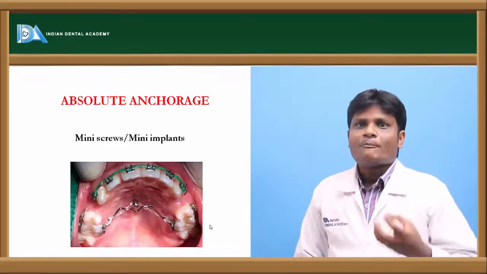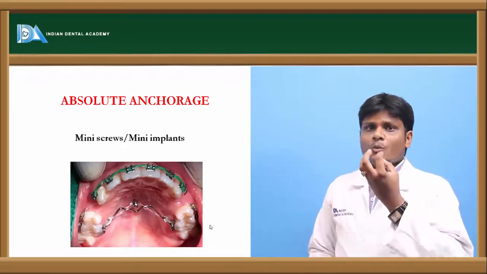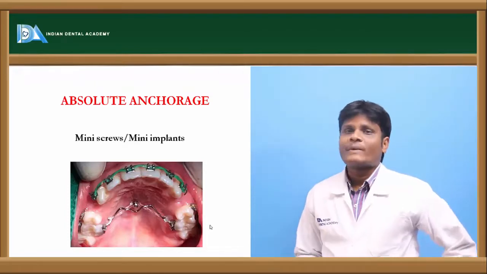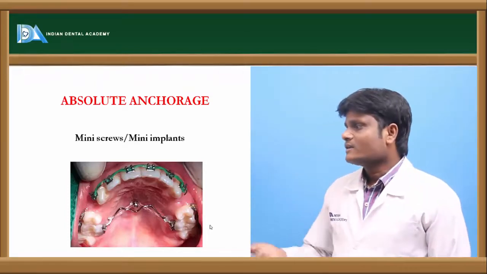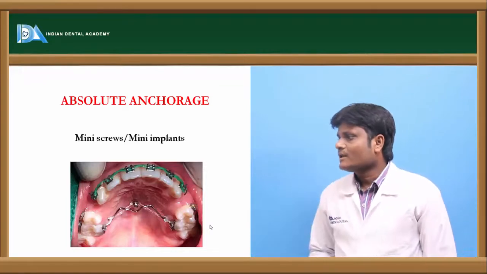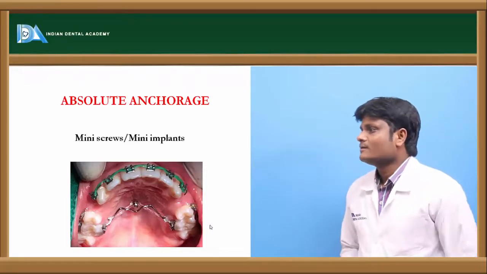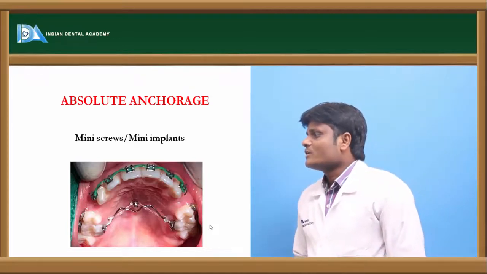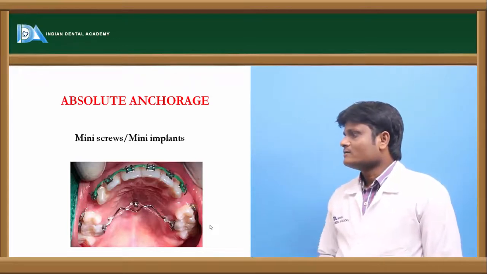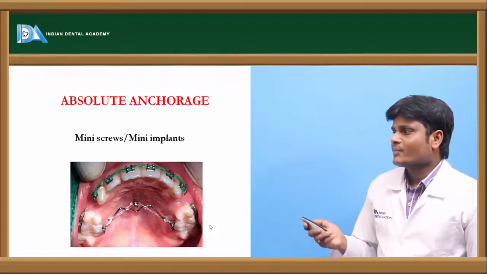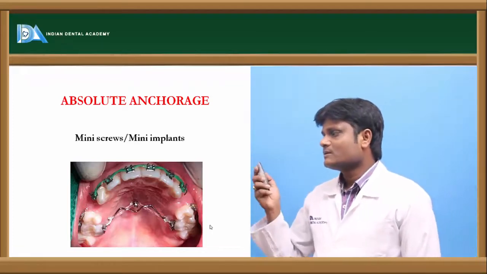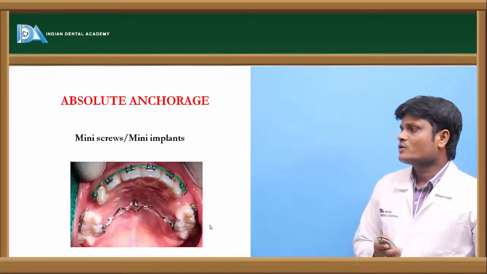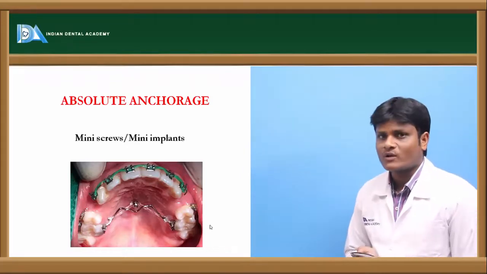That means maximum resistance to movement due to the reciprocal forces will be exerted by these mini screws or mini implants. Here you can see the mini implant has been placed in the middle of the palate. A transpalatal arch is being used, which is attached to the molar, and elastics are placed from the mini implant to the transpalatal arch that has been attached to the molar in order to cause intrusion of the molar.